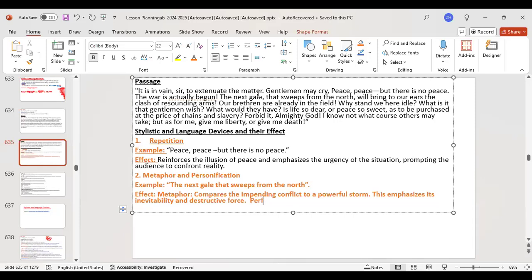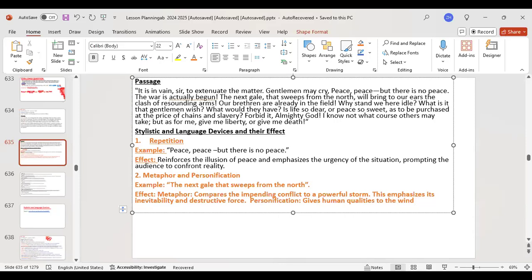The personification side of this is he gives human qualities, because that's what personification is. He gives human qualities to the what? To the gale or to the wind, right?